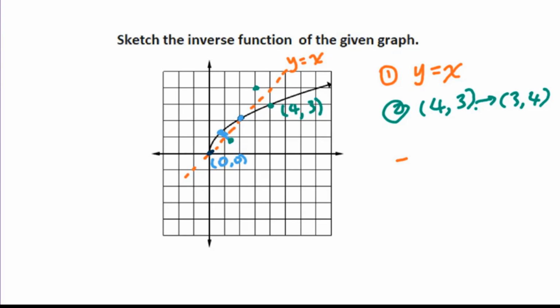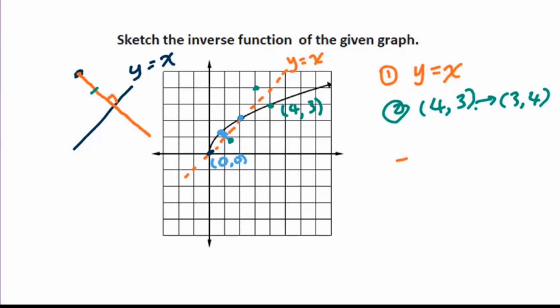In other words, when you have y equals x, for example, and you have a point here, how do you find the reflected point across y equals x? From this point, draw the perpendicular line passing through y equals x.